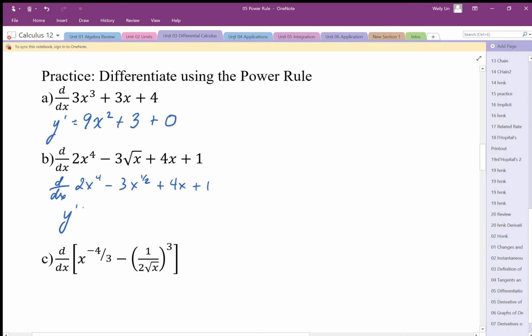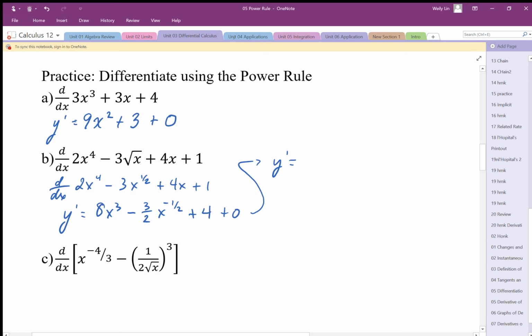So we apply the power rule here. So y prime becomes 8x cubed minus 1/2 times 3 is going to give me 3 over 2. And the power becomes negative 1/2. The slope on 4x is 4 plus 0. Okay, and then I can just clean that up a little bit.